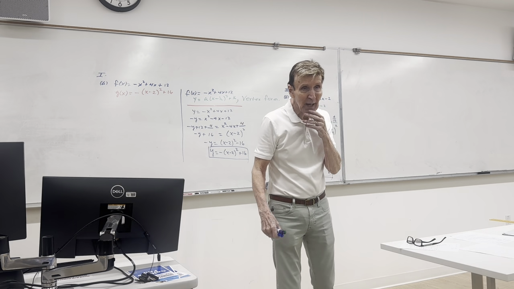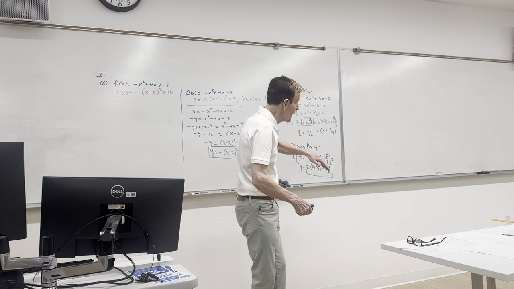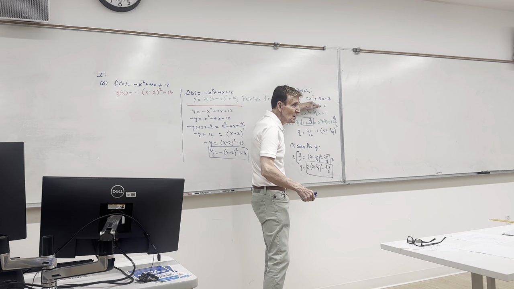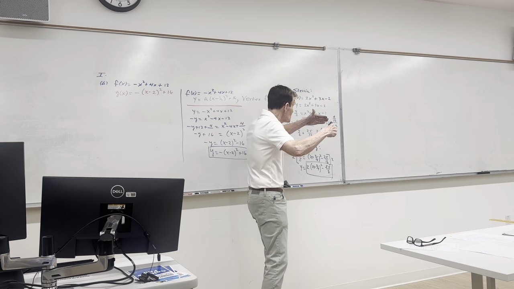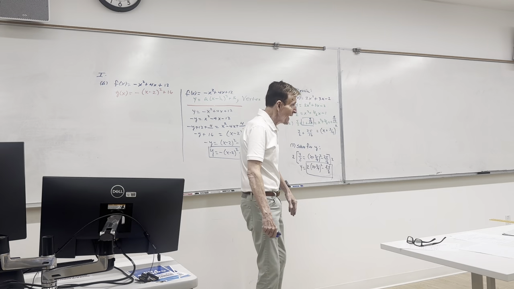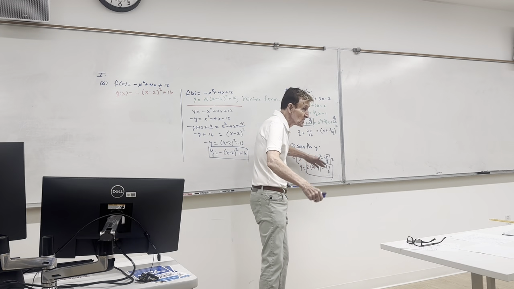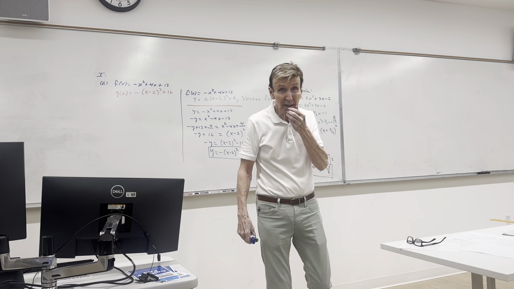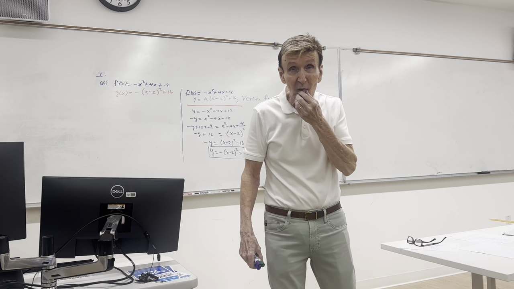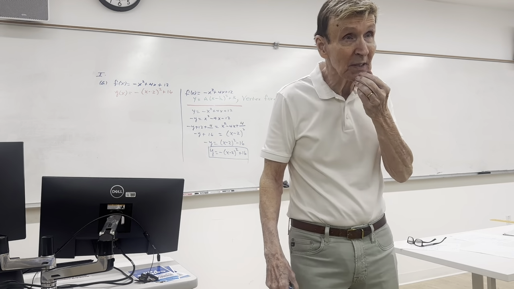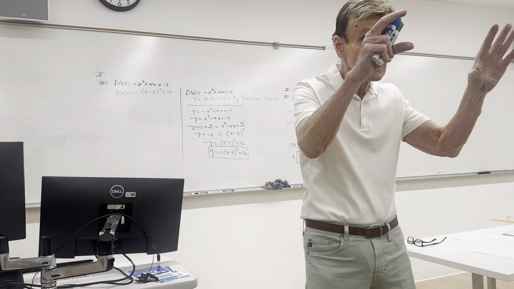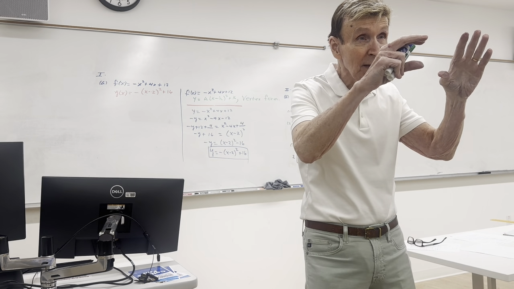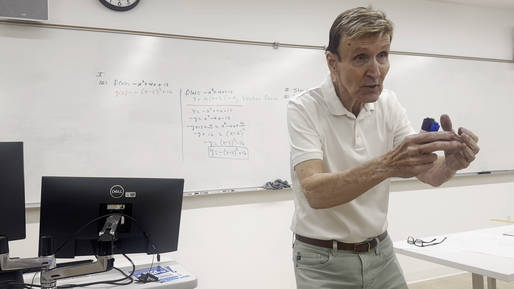Why on earth would I mess up a nice, well-behaved function up here with those nice whole numbers, 2, 3, -2, and put it into the other form, which is equivalent to it, but the other form has fractions? Why would I do that? Why on earth would I take the time to change that well-presented function at the top of the board into that purple, which has fractions involved?